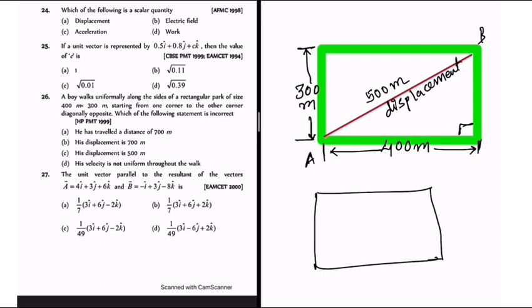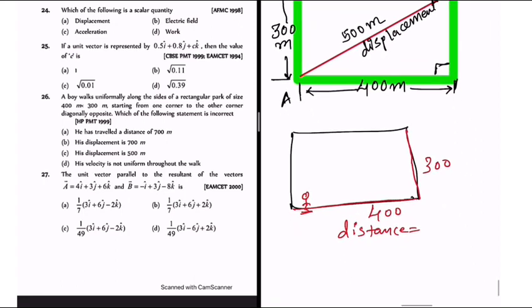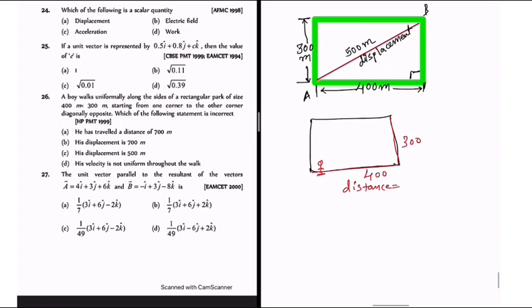The path of the person is 400 plus 300, that is the distance, the path length, 700.